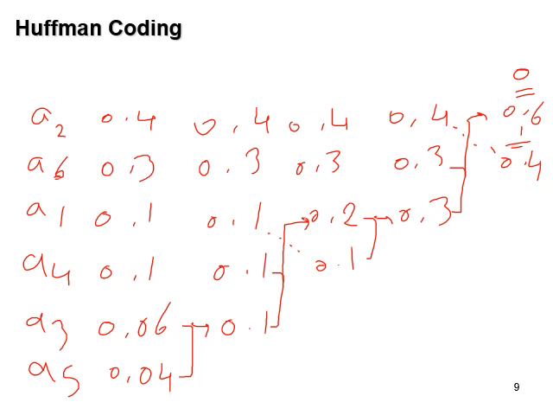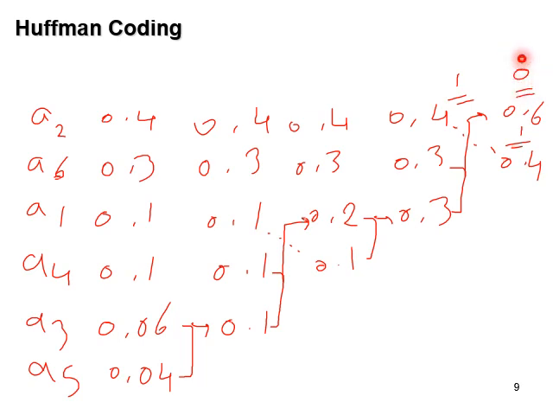The 0.4 that we have is the same as the 0.4 that was at the top of the list in the previous level. So the value 1 would be the code of the 0.4, while the 0.6 that we have here comes from the summation of these two elements, the 0.3 and 0.3.